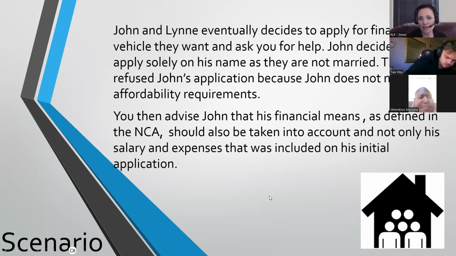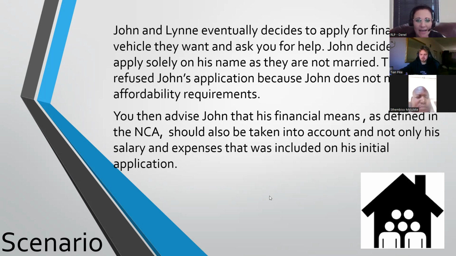John and Lynn eventually decide to apply for finance for the vehicle that they want, and they're asking you as the agent to assist them. So John decides he will apply solely in his name because they are not married. Now the bank refuses his application because he does not meet the affordability requirements.